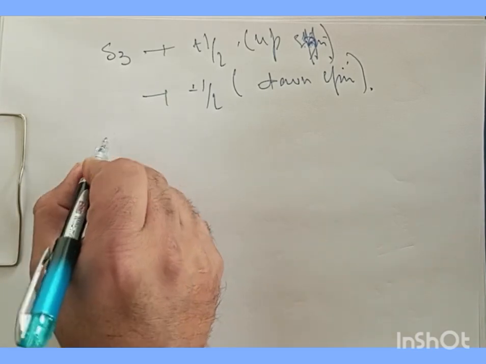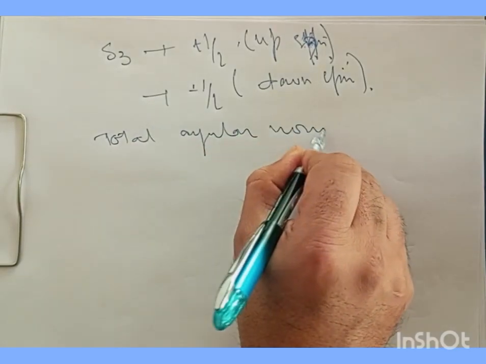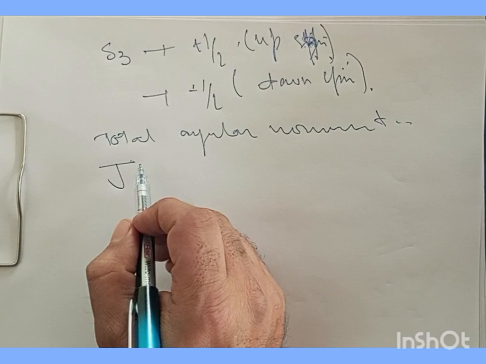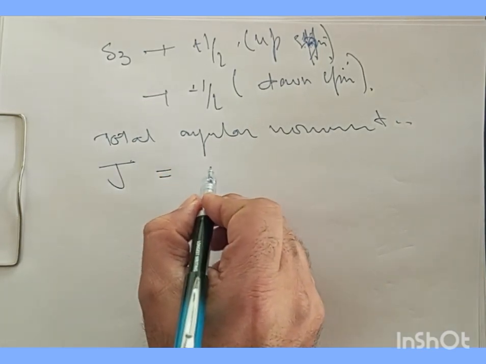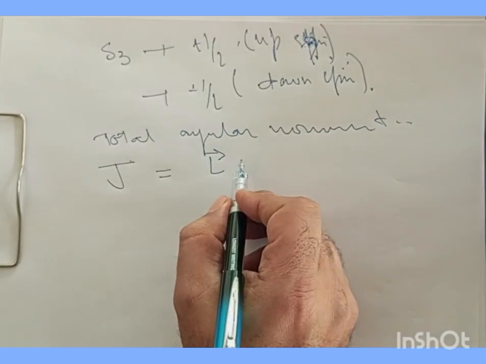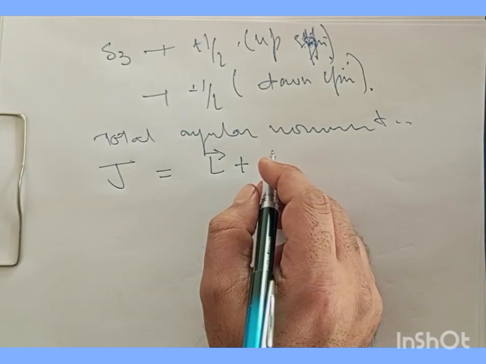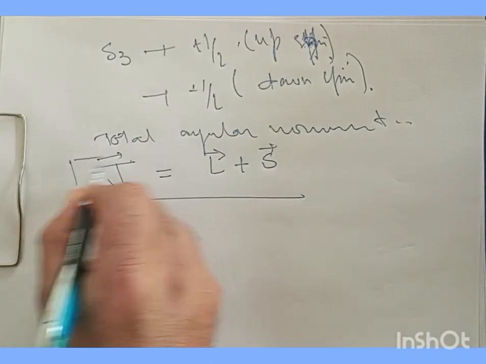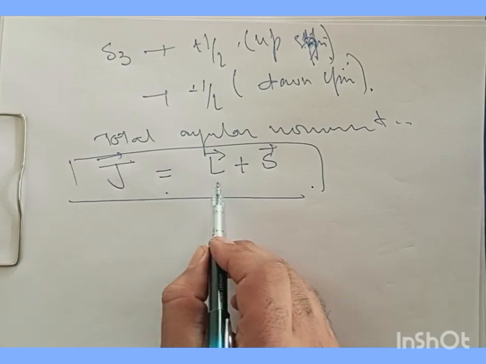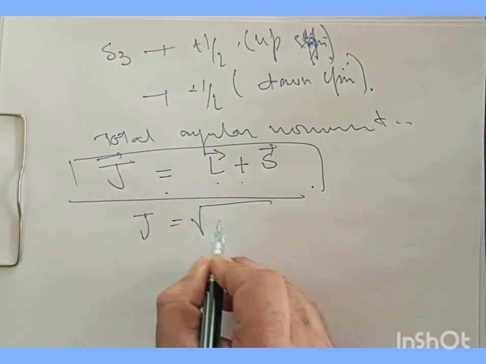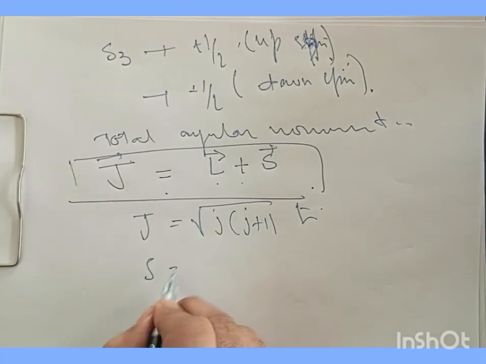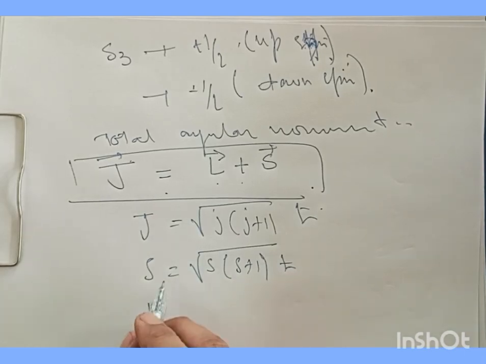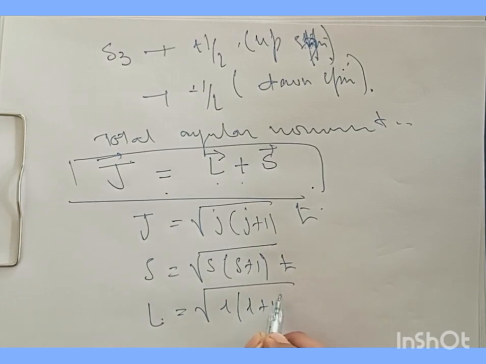Now talking about the total angular momentum. The symbol is J. This J is a vector, and the total angular momentum of the system of particles is the vector sum of the orbital angular momentum L and the intrinsic spin angular momentum S. So J is L plus S. J is the square root of J times J plus 1 h bar, S is the square root of S times S plus 1 h bar, and L is the square root of L into L plus 1 h bar.